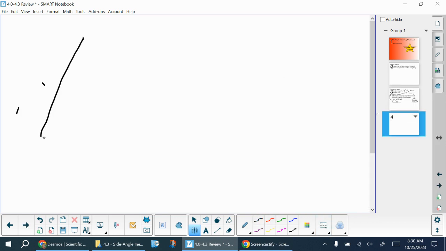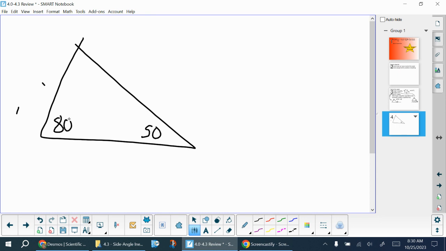So with this kind of stuff that we're learning about here, simple questions you could see are just giving you a triangle and saying, okay, this one's 50, this one's 80, what's that one? And I would know that 50 plus 80 plus x has to be 180. And if ever I'm trying to figure out what's missing, most of you are not going to write this equation, but you're subtracting.